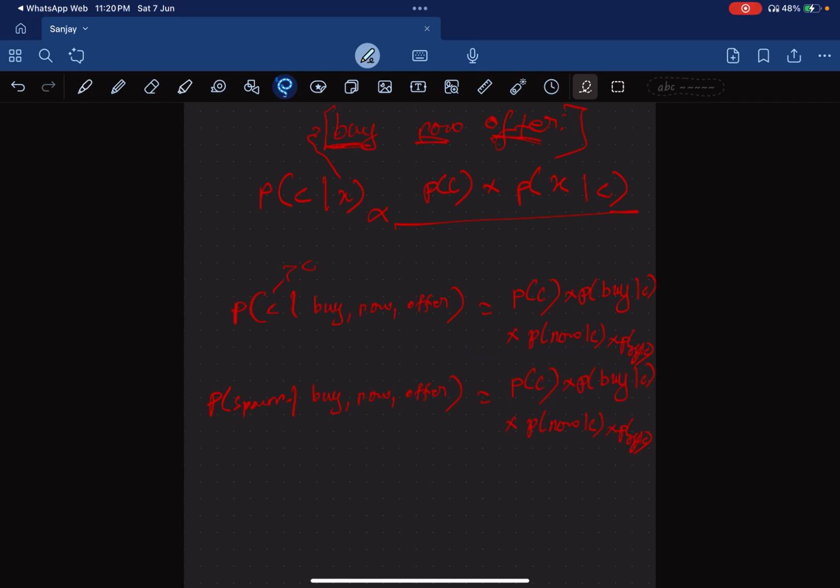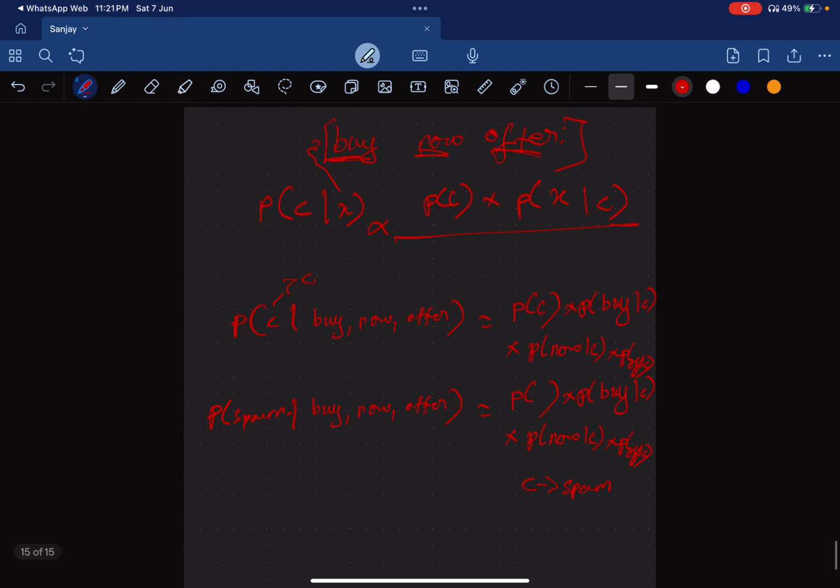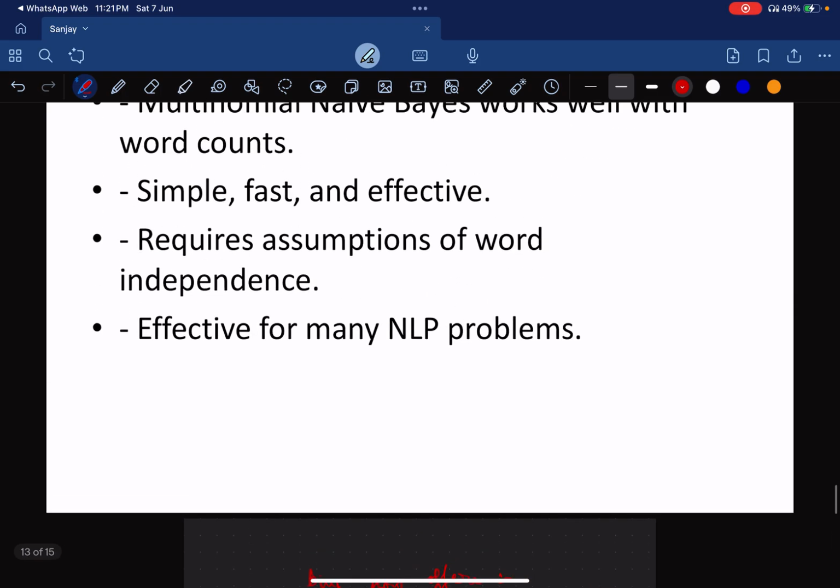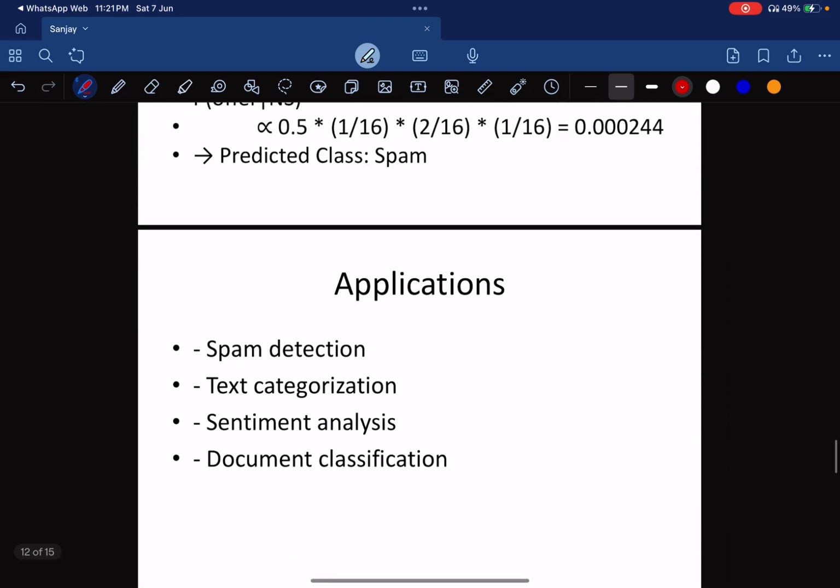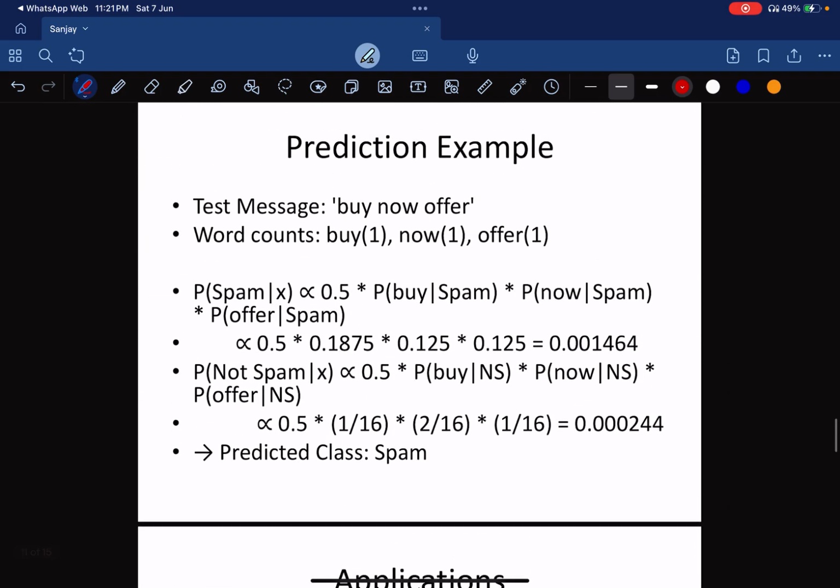For the spam class, we find the probability like this, where the C is equal to spam. For a not spam class, wherever we put the C, we use not spam and its probability. This is how we find the probability of data belonging to those classes.